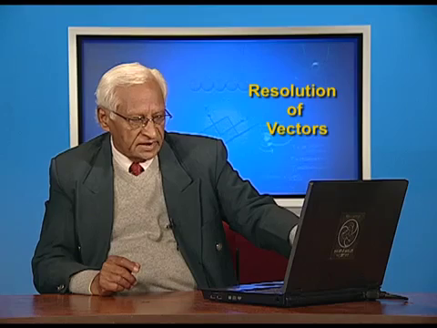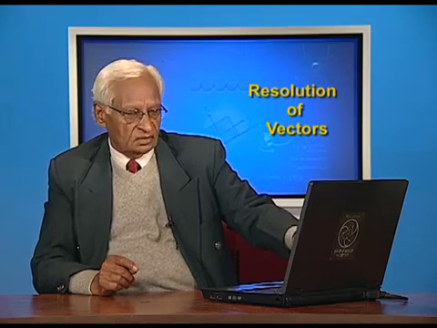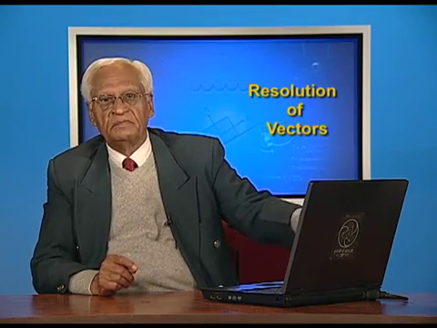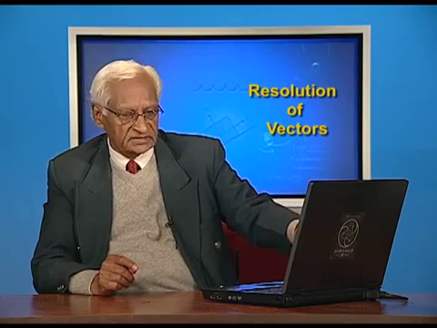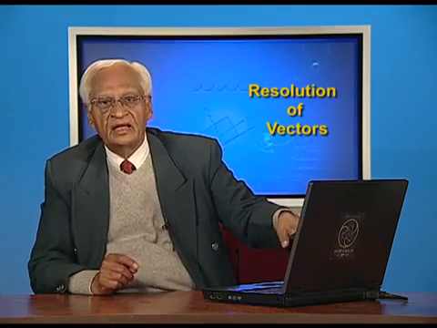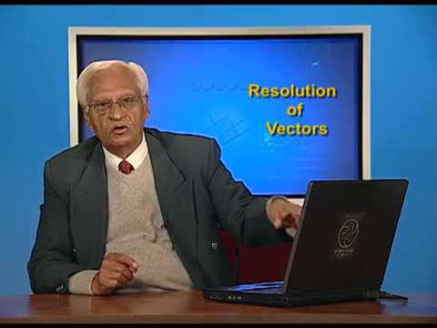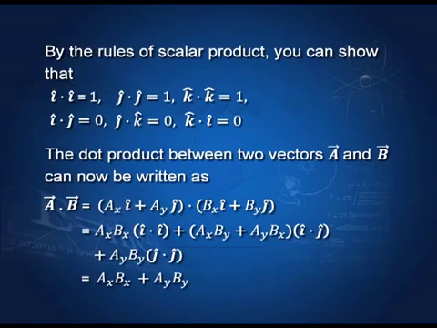There is no vector on this side. It is Ax Bx, the component of A multiplied by the component of B along the x axis, then the component of A and the component of B along y axis. This is the dot product A dot B.